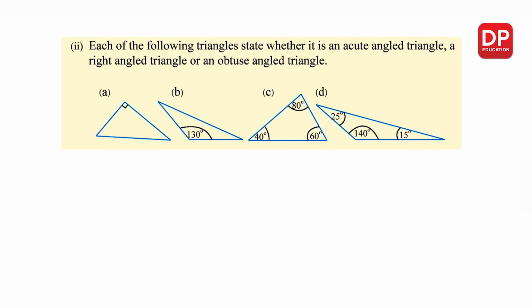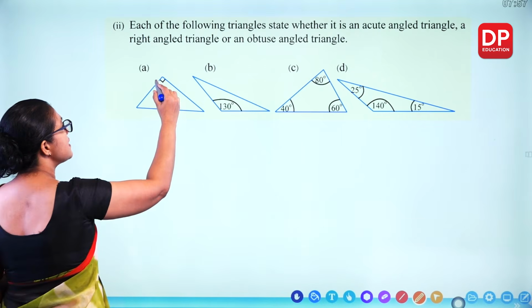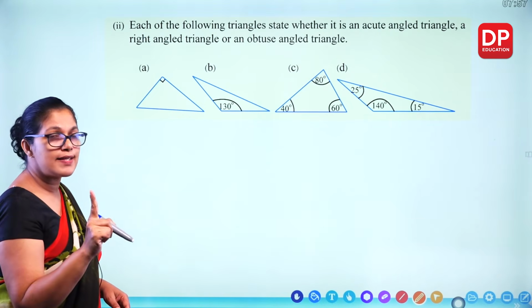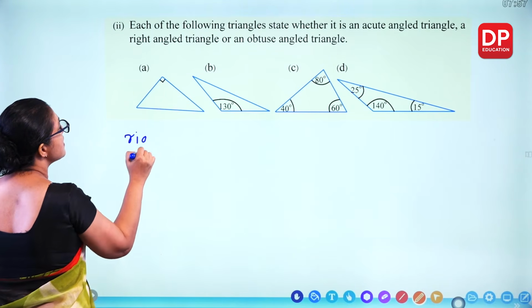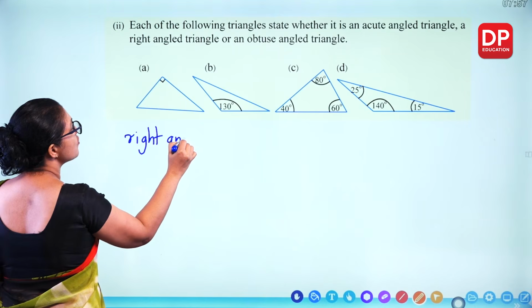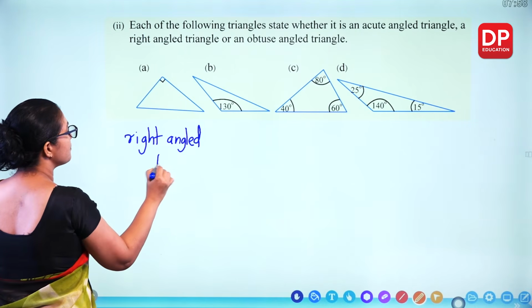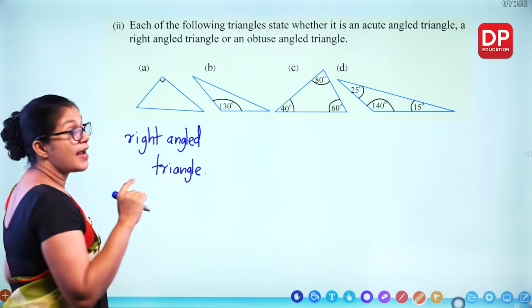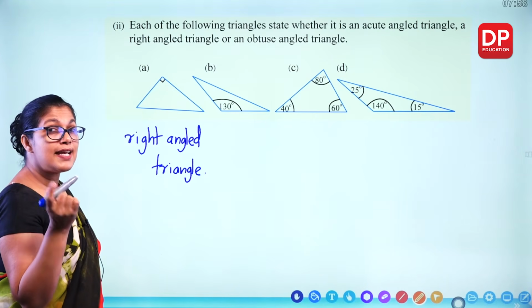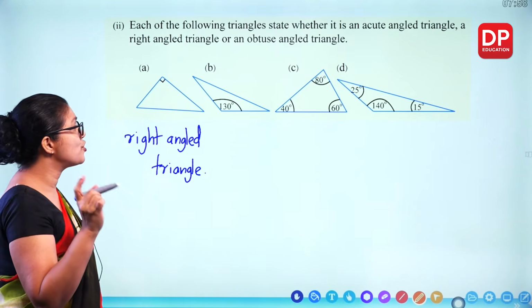Part 2. For each of the following triangles, state whether it is an acute angle triangle, a right angle triangle, or an obtuse angle triangle. Look at this symbol. That's 90 degrees. 90 degrees means that's a right angle triangle. One angle is 130, more than 90, less than 180, that's an obtuse angle.